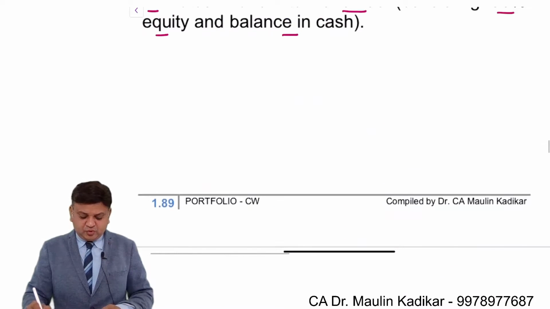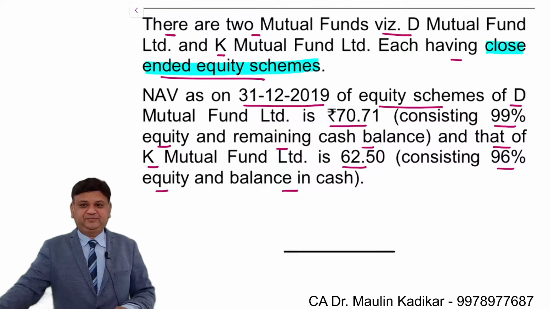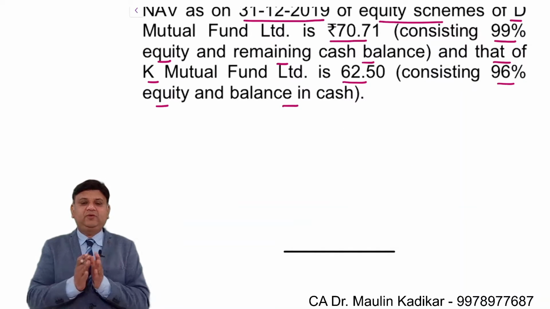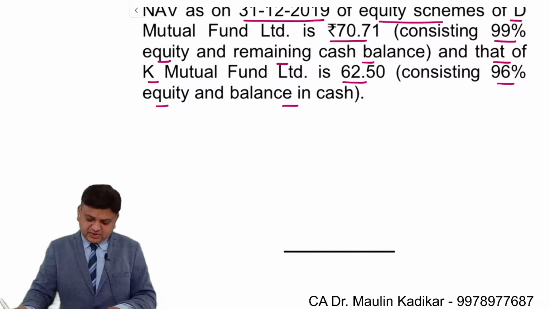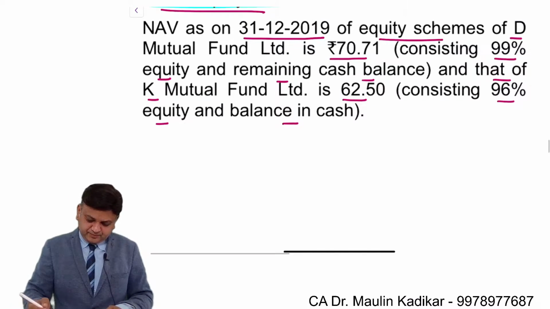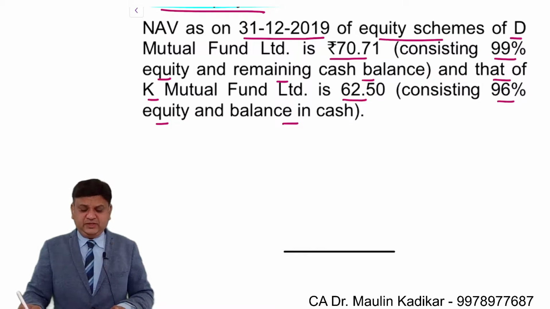I request all of you to go through the question and then we'll discuss how to answer. Pay attention properly, I'm going to explain how to answer. We have been provided with information about two mutual funds.